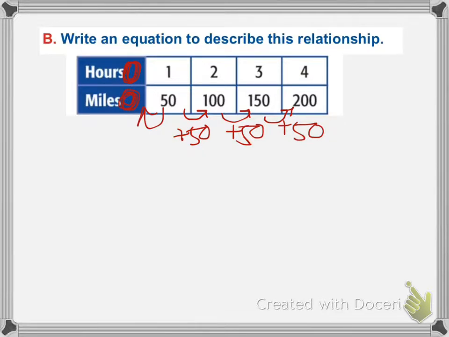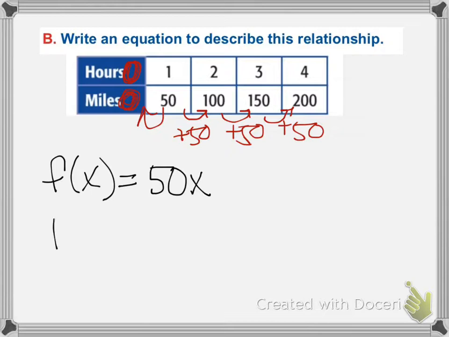So that makes this proportional. To write the function, f of x equals your pattern, which is 50x, and you can write the plus 0 on the end or not. Because it crosses at the origin if you plot these ordered pairs, it's proportional.